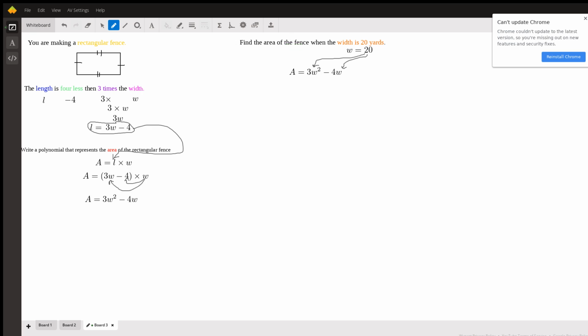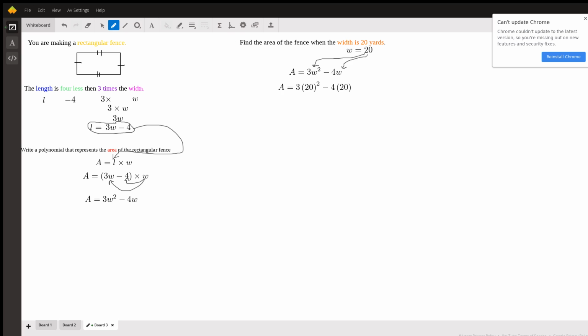So we get A equals 3 times 20 squared minus 4 times 20. And then we can solve. So 20 squared is 400, times 3 gives us 1200.